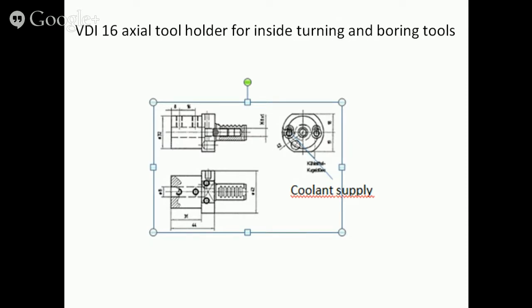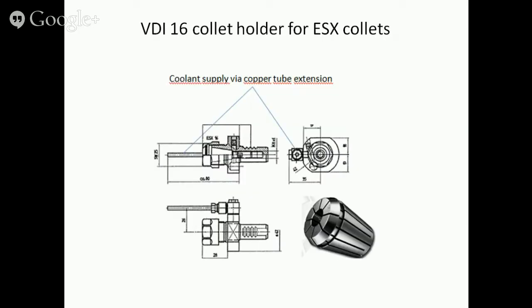This is an axial tool holder for inside turning and boring tools. It has also an adjustable coolant supply nozzle. These tool holders are available with inside diameters of 6, 8, 10, 12, and 16 millimeter. Collet holders allow clamping of different sized inside turning and boring tools with cylindrical shafts.